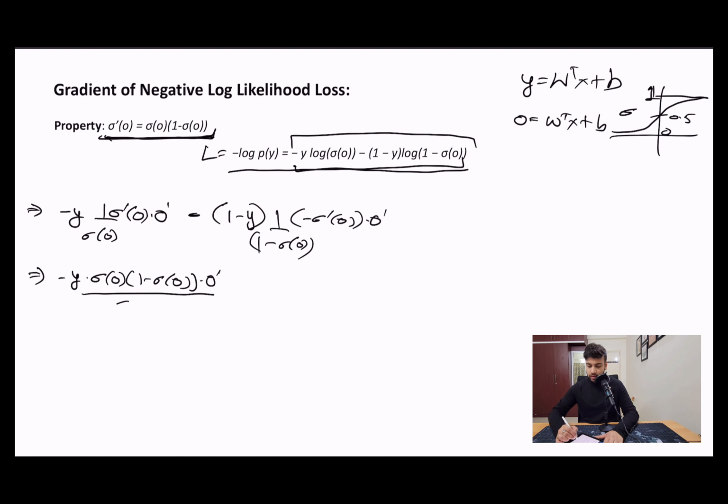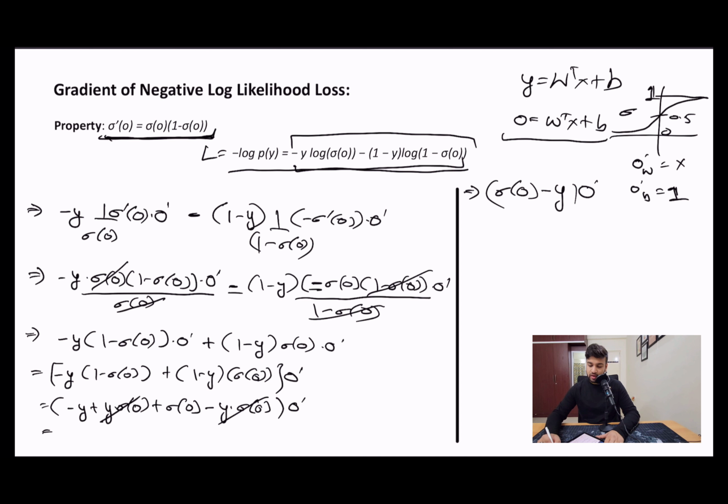Now O, as we discussed, is w transpose x plus b. So O dash with respect to W will basically be x, and O dash with respect to B will basically be 1. So the derivative of the loss function with respect to w will be sigmoid of O minus y times x.